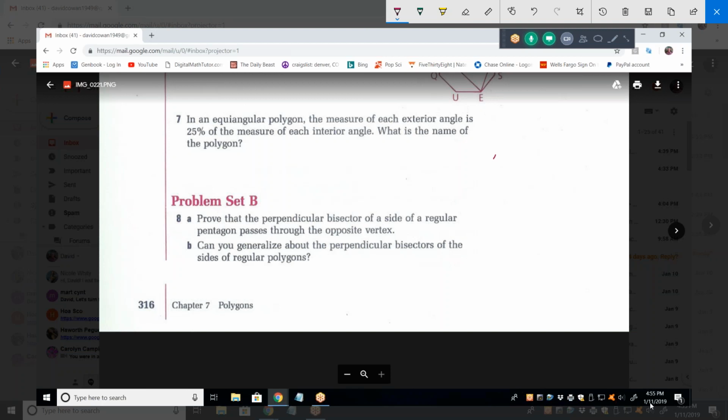Pentagons are always hard for me to draw. Just try a house. Well, that's not a regular pentagon, believe it or not. There's the house. Notice that's not regular. Those are 90-degree angles. Those are not. So we've got to draw a regular pentagon.